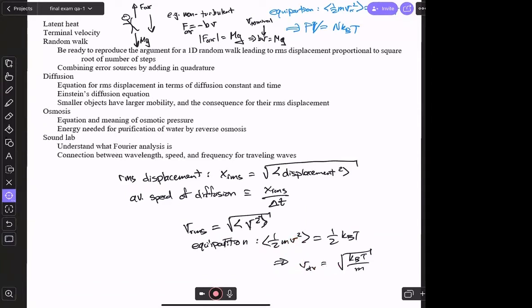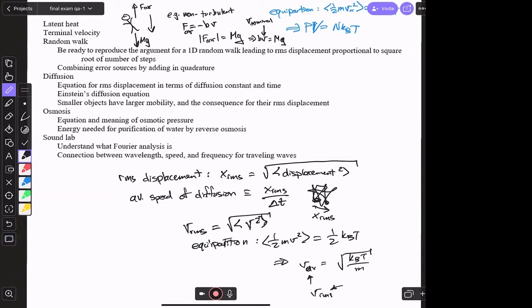So really, this is an RMS velocity, but we haven't used that terminology. So as far as we're concerned, average velocity and RMS velocity are the same thing. And maybe let's just use the term average speed of diffusion to talk about that other thing that's different, where this has to do with the net displacement from starting point to ending point, whereas this v RMS is the speed during one of those steps.